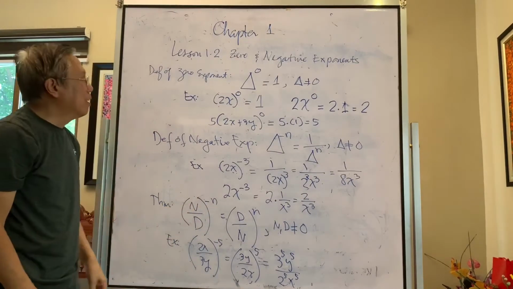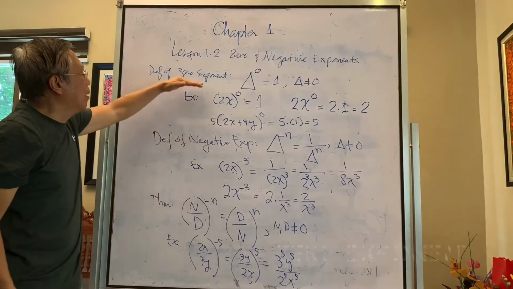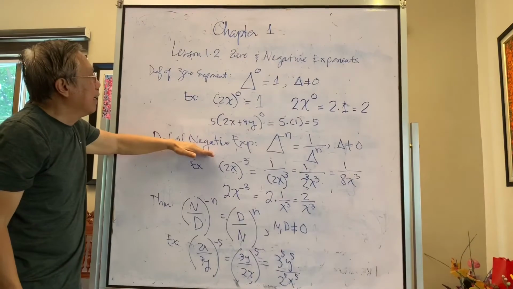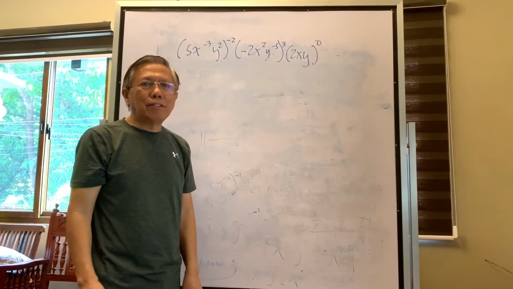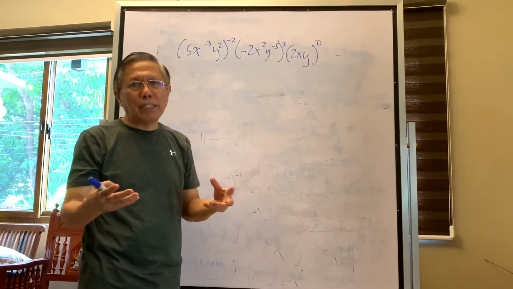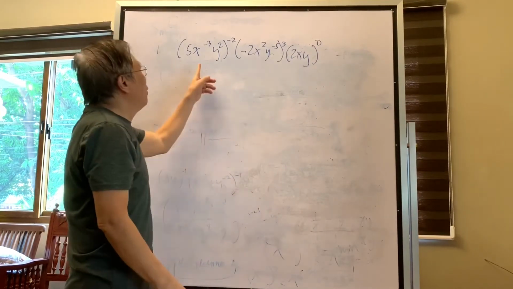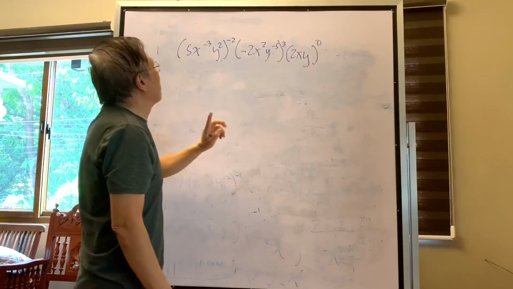So for today, we have learned 3 concepts: the definition of zero exponent, definition of negative exponent, and this theorem here. Let's have an example of applying zero, negative exponents, and the other laws of exponents that we have had in the previous days. For this number, you have 3 groups of factors.